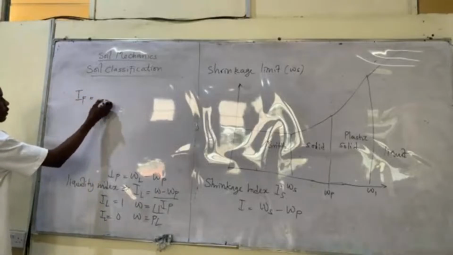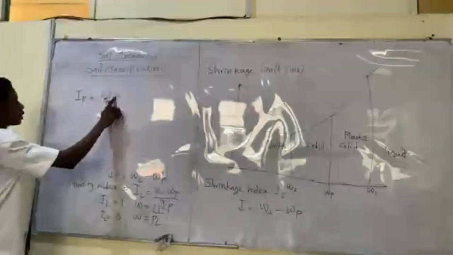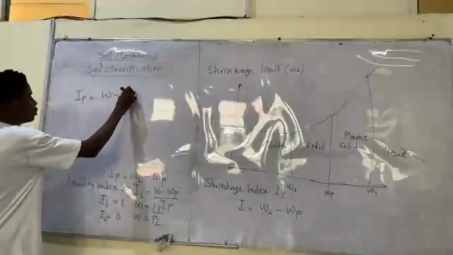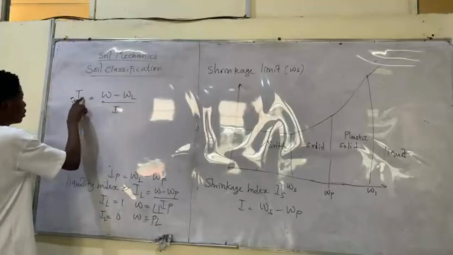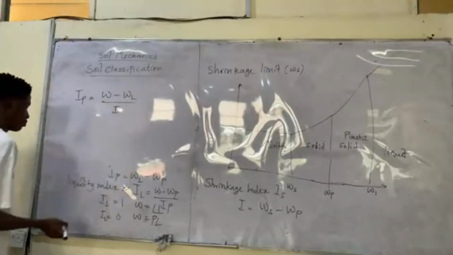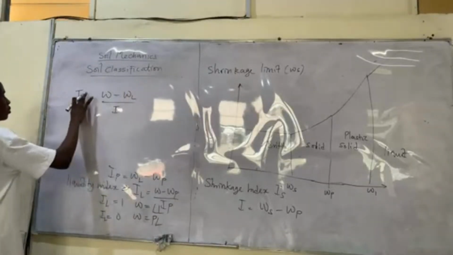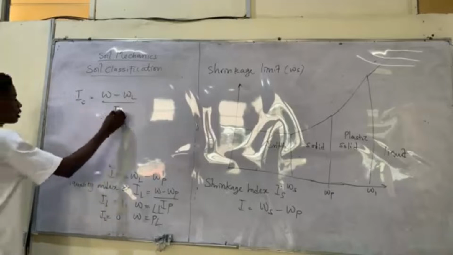So the consistency index now is like this. For the values of IP, it is W minus WL over IP. This is IC divided by IP.